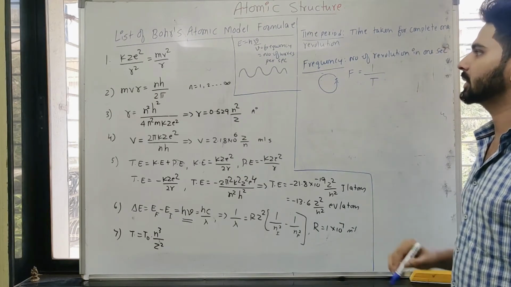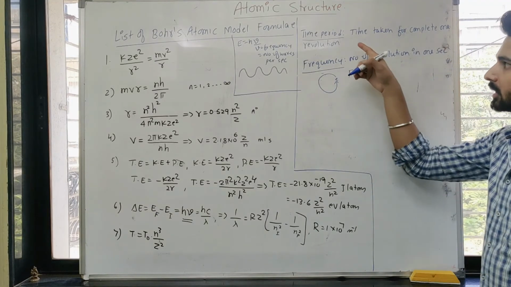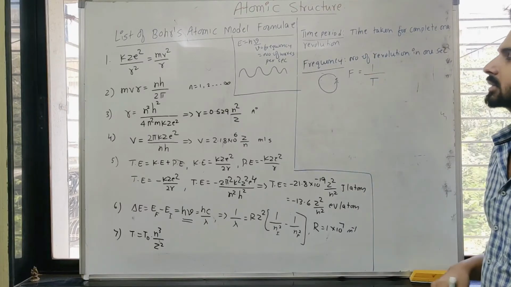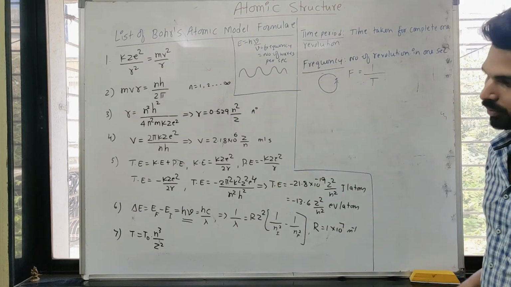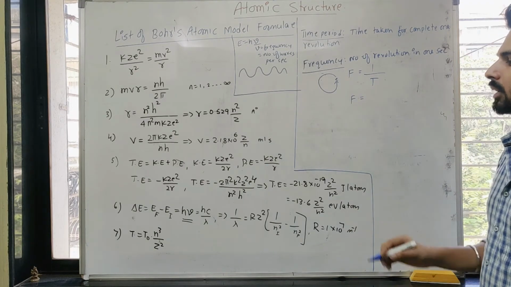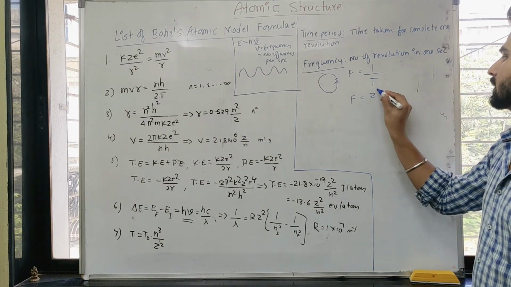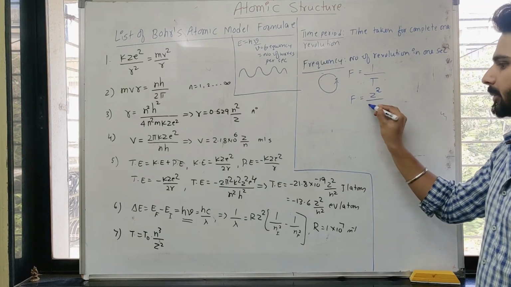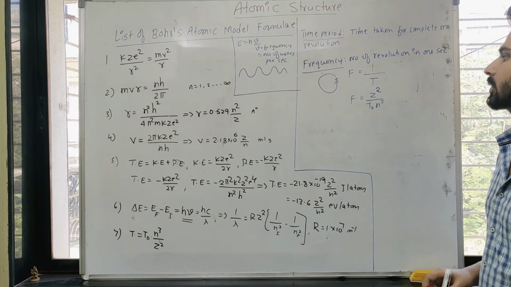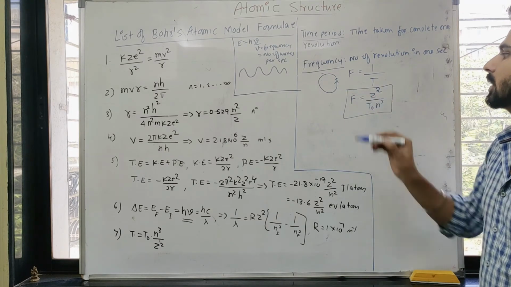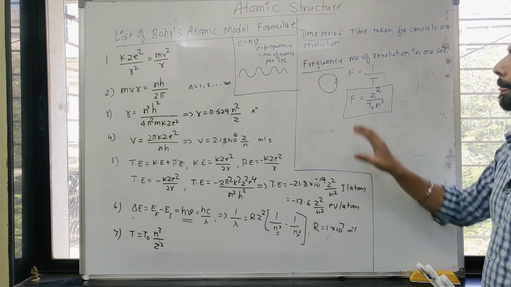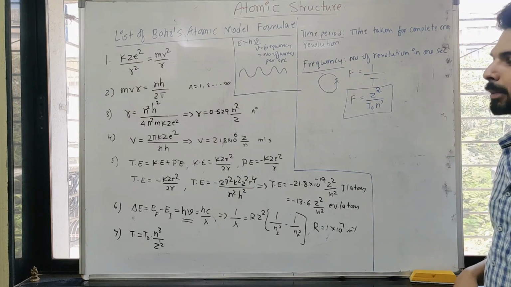If you look at the definition, you can understand. It is simply a reciprocal. Time needed for one revolution, and number of revolutions in 1 second, so they are reciprocal. We know the time period, so frequency will be 1 upon this, that means z square divided by t naught n cube. So this is the frequency formula. Frequency is nothing but the number of revolutions per second, for the electron moving inside a particular orbit.